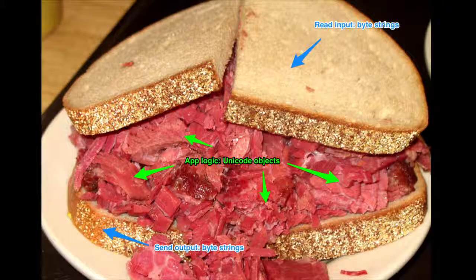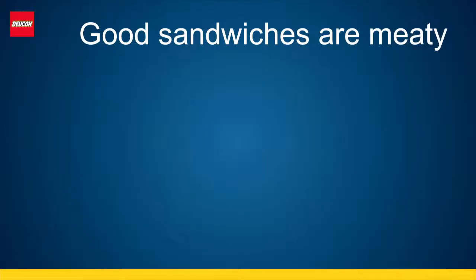And you want to be dealing with Unicode in the middle, in the meat of your system, and you want to deal with input byte strings and output byte strings to exchange data with other systems or to store data or transmit data. Of course, good sandwiches are meaty, which means you want to maximize the areas of your code that you're working with Unicode.